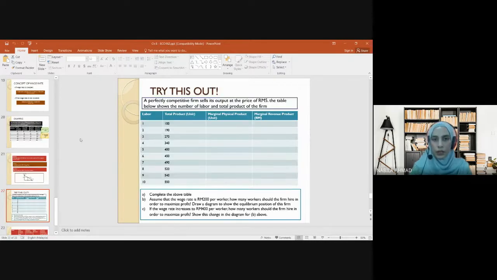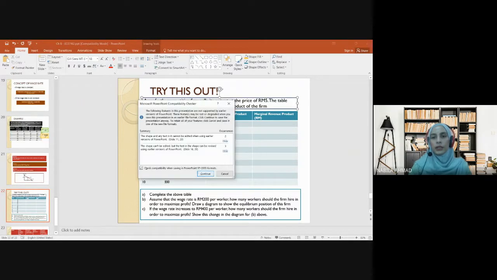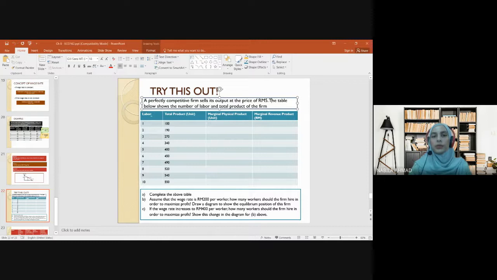Okay, kita lihat soalan ni. A perfectly competitive firm sells its output at the price of 5 ringgit. The table below shows the number of labor and total product of the firm. Now, kita ada total product. Boleh tak cari marginal physical product? Boleh lah. Change in total product divided by change in labor.